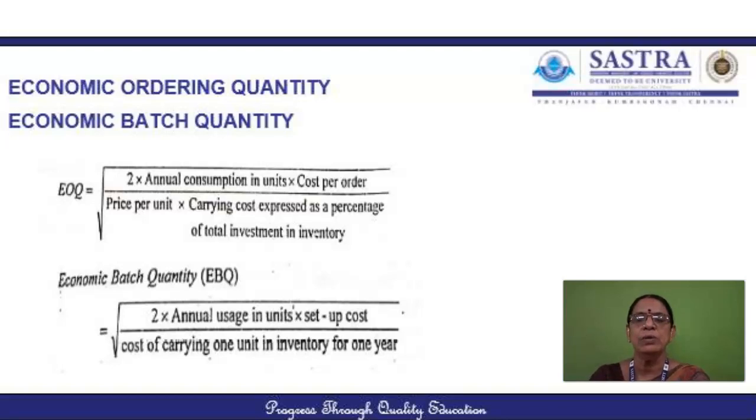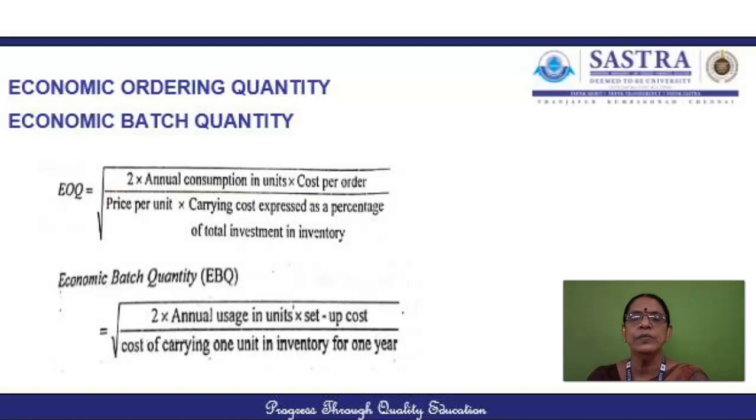Now, economic lot size ELS is equal to square root of 2 into demand rate into fixed cost per lot. So 2 into demand rate, 10,000 units, and the fixed cost is 30 rupees, divided by variable cost into 1 minus demand rate as a percentage of production rate.